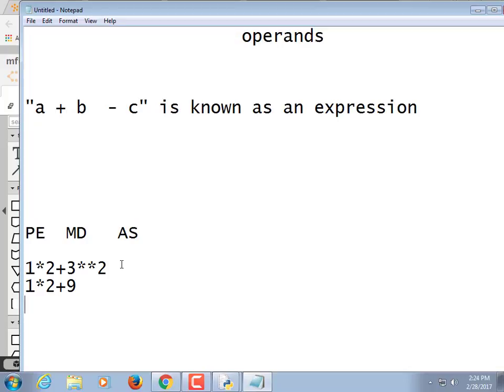Okay, then what's the next operation we do? Yeah, we do the multiplication, not because it's first in line, but because M and D come before A and S. So 1 times 2 is 2.